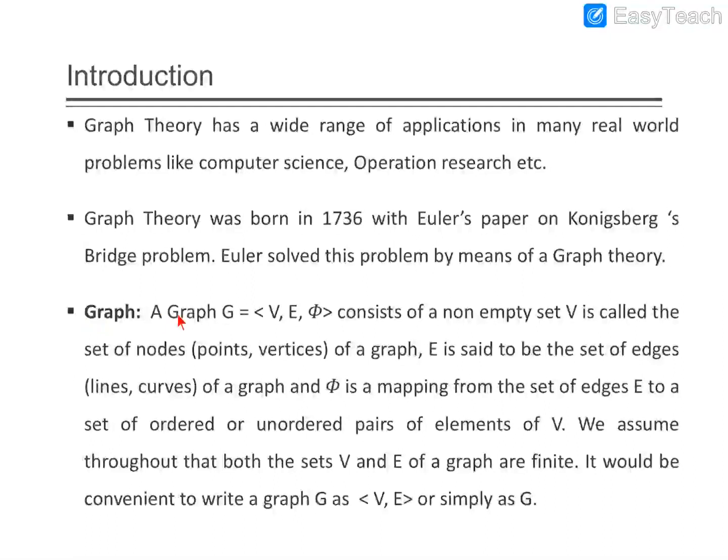A graph G = (V, E, phi) consists of a non-empty set V, called the set of nodes or points or vertices of a graph, and E is said to be the set of edges or lines or curves of a graph, and phi is a mapping from the set of edges E to a set of ordered or unordered pairs of elements of V. We assume throughout that both the sets V and E of a graph are finite.